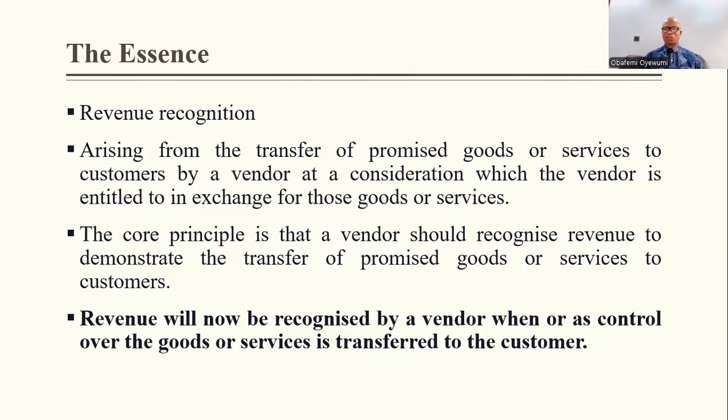And the core principle basically is just to show how to recognize revenue and to demonstrate that revenue can only be recognized after the transfer of the promised goods and services to the customers.